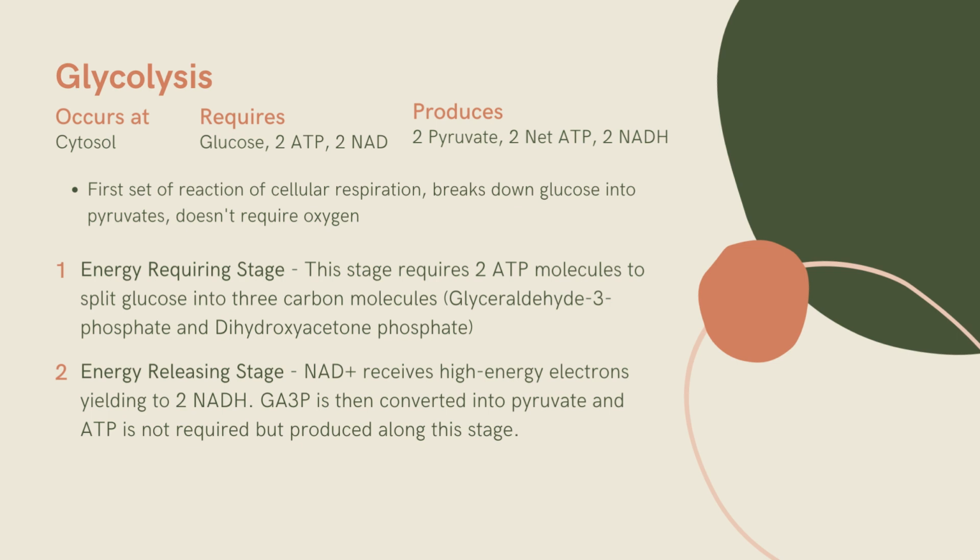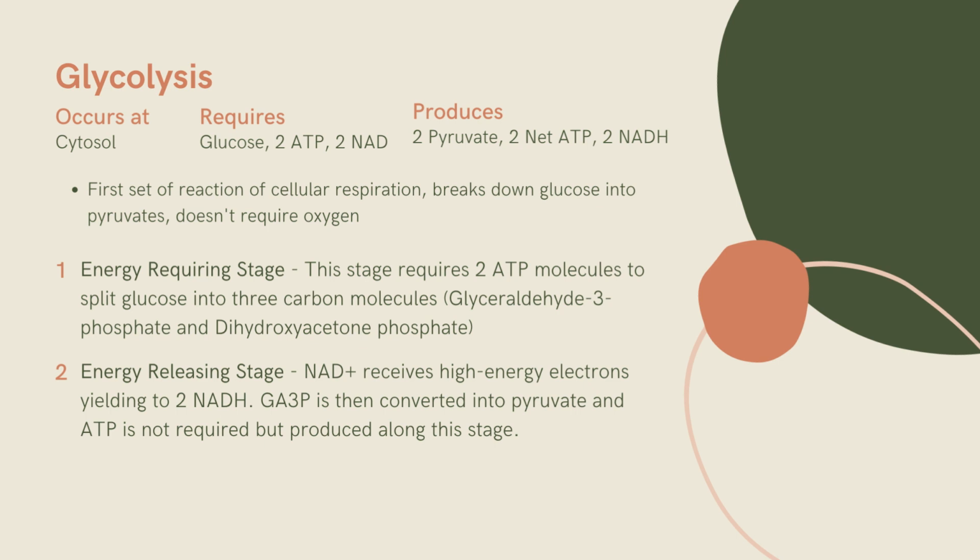Now we will talk about the major steps in cellular respiration. First is glycolysis. It occurs in the cytosol of a cell. It requires glucose, 2 ATP, and 2 NAD. NAD means nicotinamide adenine dinucleotide.